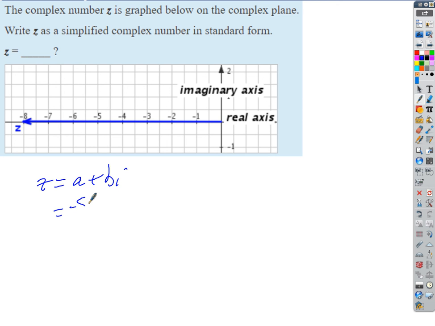Negative 8 is the real part. What's the imaginary part? 0. So that would be written in standard form if we included the 0 times i, right? Do we really need to include the 0 times i, though? No. What's 0 times i? 0. So the answer is just negative 8. Okay? Make sense?